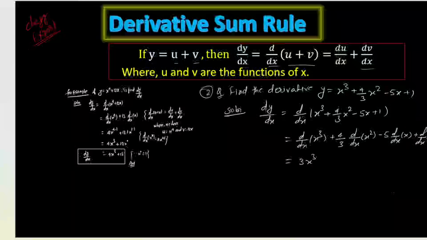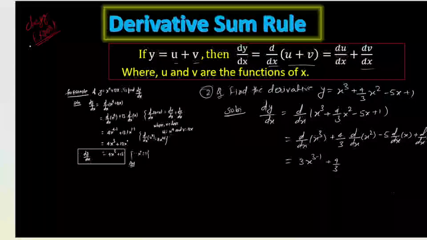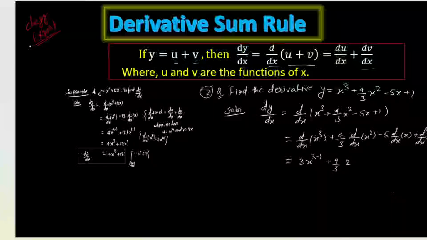3 x to the power 3 minus 1 plus 4 by 3 into 2 into x to the power 2 minus 1 minus 5 x to the power 1 minus 1, since this power is 1, plus this derivative of 1 is 0 because 1 is constant.